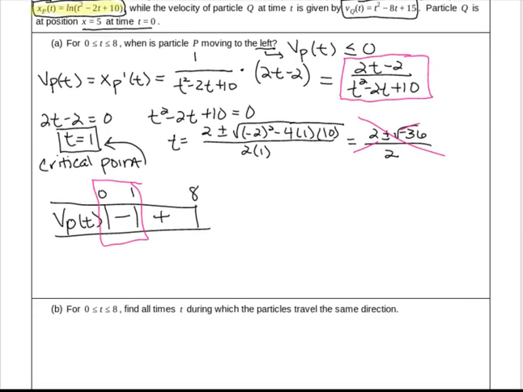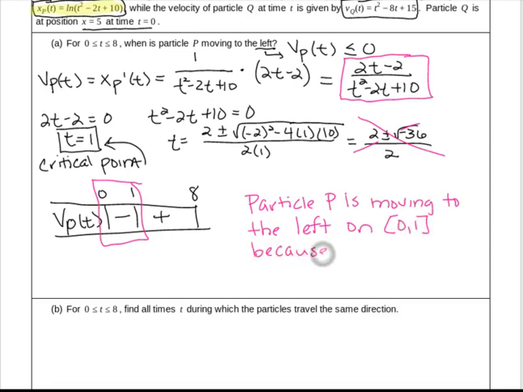So we can say particle P is moving to the left on the interval from 0 to 1 because the velocity of particle P, which is the derivative of the position, is less than or equal to 0 on this interval.